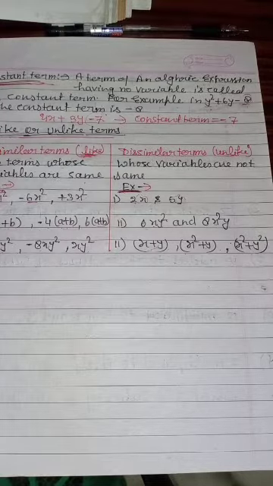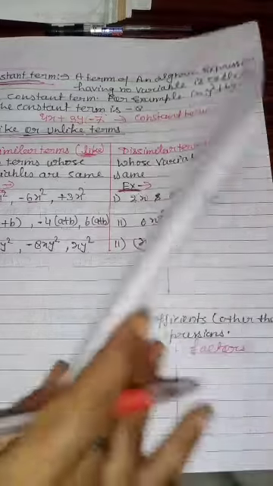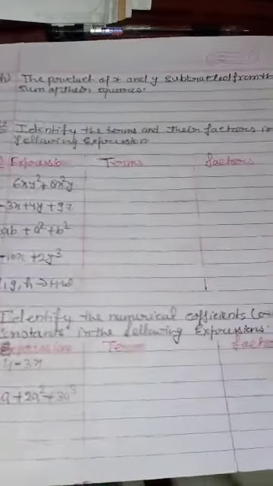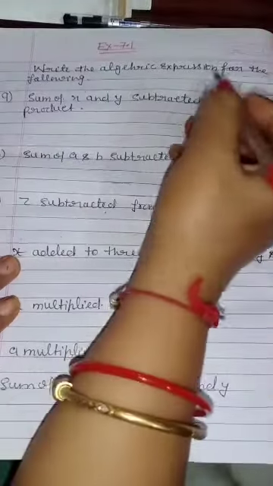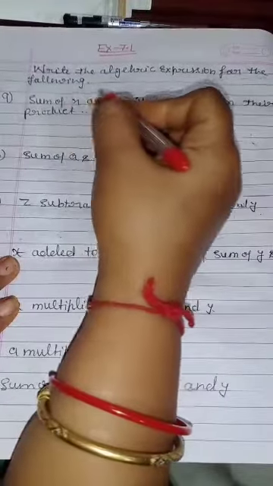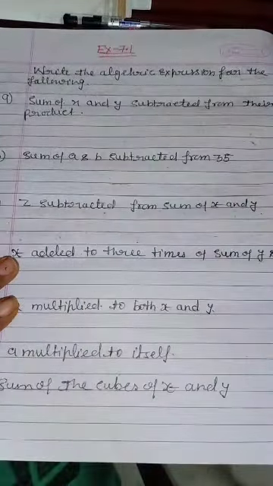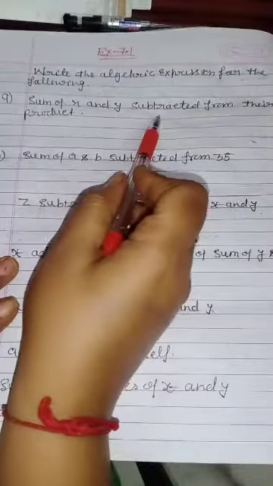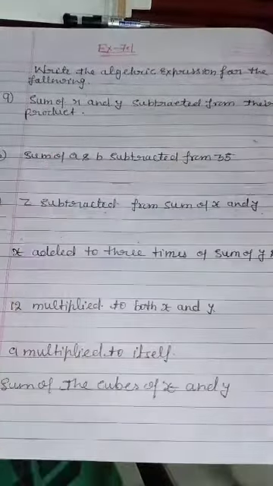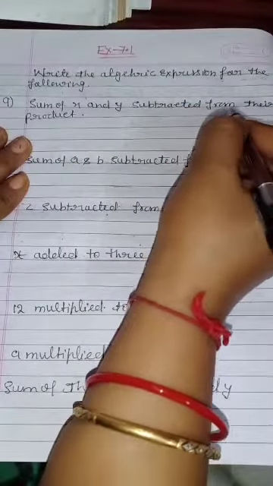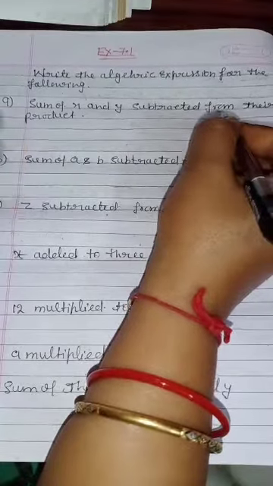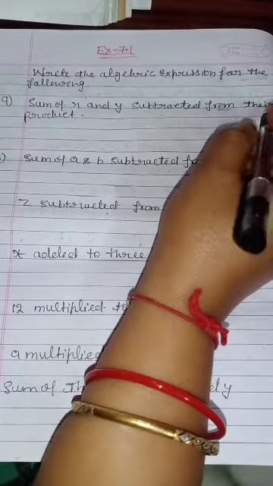Now come to exercise 7.1. Write the algebraic expression for the following. Sum of x and y subtracted from their product. How will you do it? Just see here. What is given after 'from' comes first.